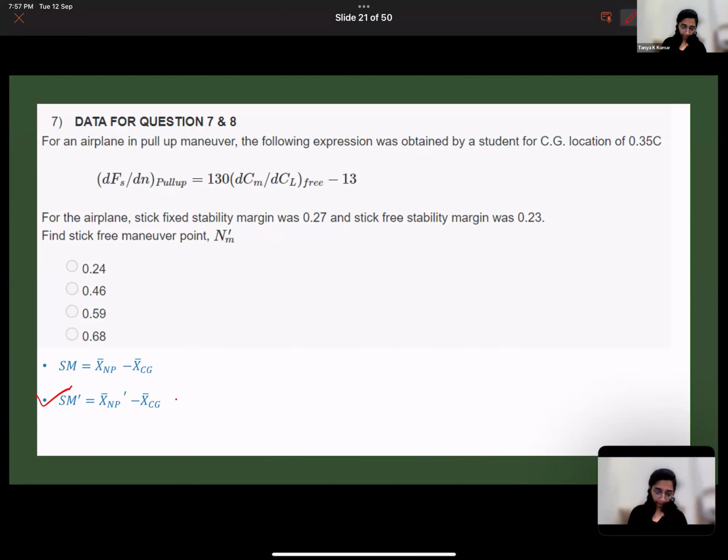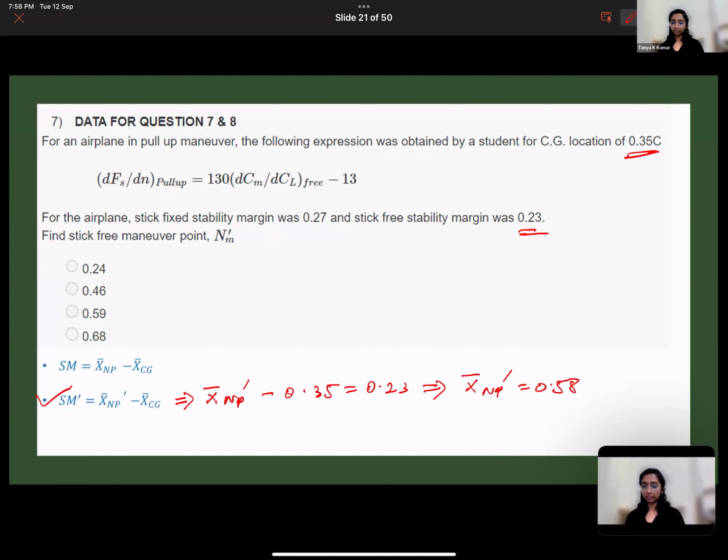So I write that down: X bar NP prime minus X bar CG, they've given you as 0.35, equal to the static margin for the free case, 0.23. And so you rightly said X bar NP prime is 0.58. Till here it's clear?